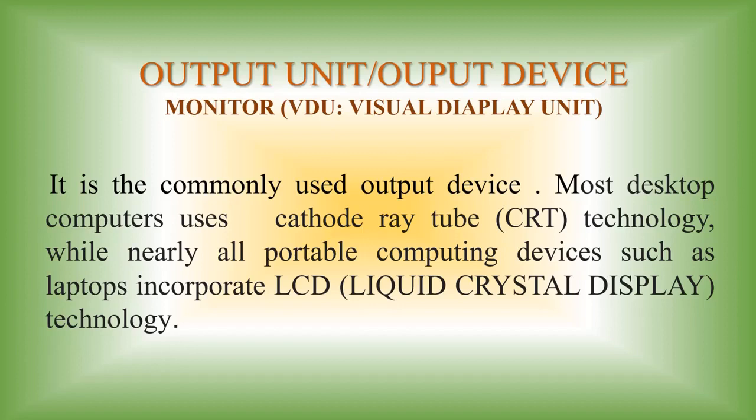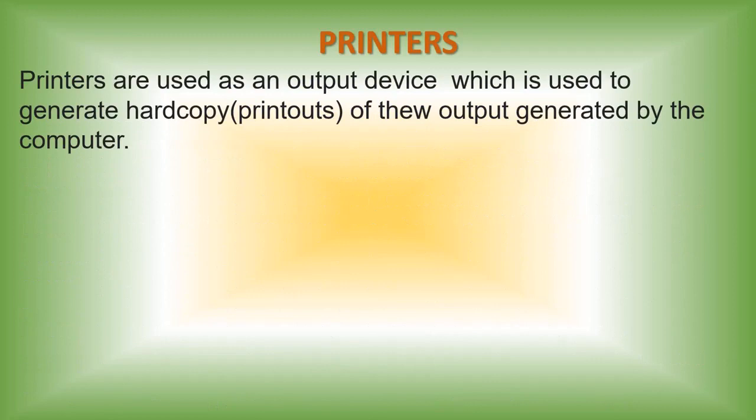And the second type of output device is the printer. Printer is used to get a hard copy of the output which you got from the system. Hard copy means you will get the output on a sheet of paper, whereas by using a monitor, you will get the soft copy.